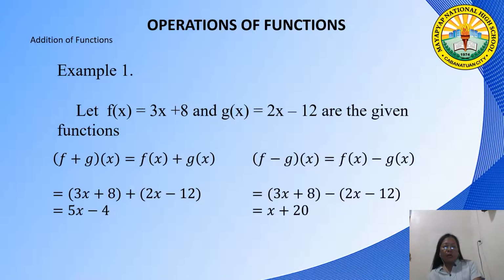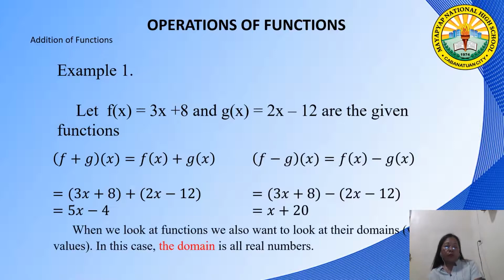Therefore, positive 8 plus 12 is 20. So our f minus g of x equals x plus 20. When we look at values, we also want to look at their domains, the x values. In this case, the domain is all real numbers.